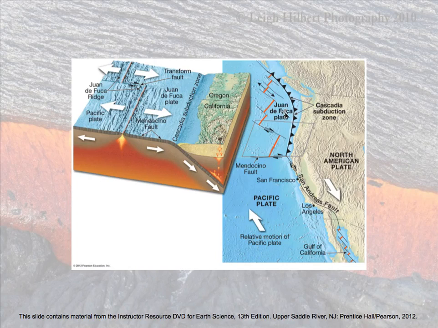The Juan de Fuca plate, as it is diverging relative to the Pacific plate and subducting relative to the North American plate, is a zone of high intensity seismicity. It's connected to the San Andreas fault. Those are all transform boundaries.